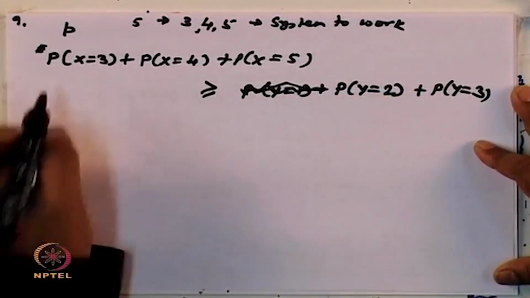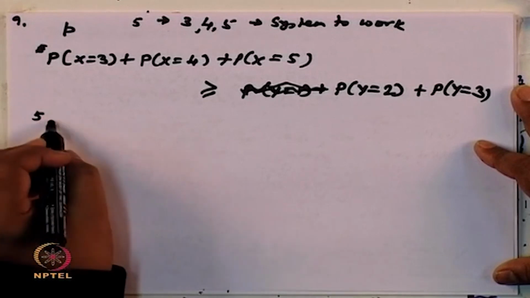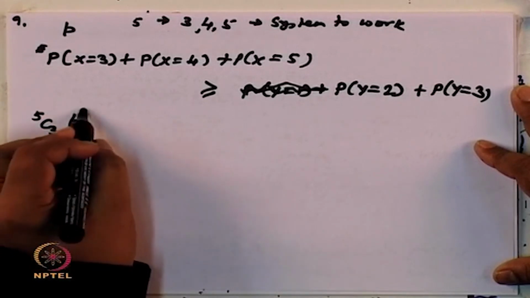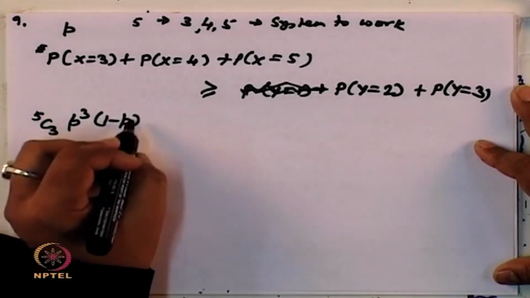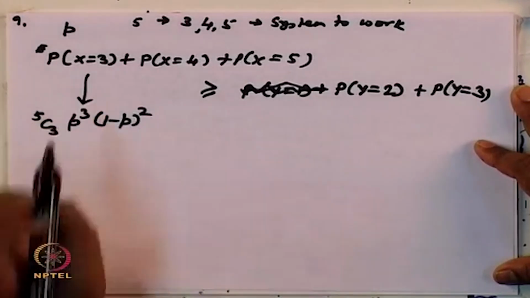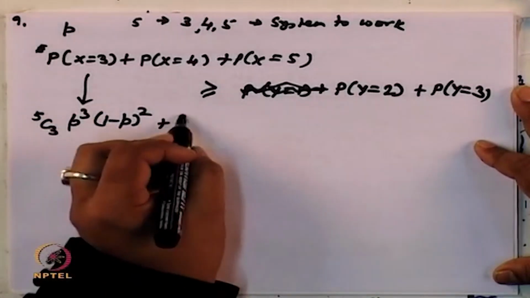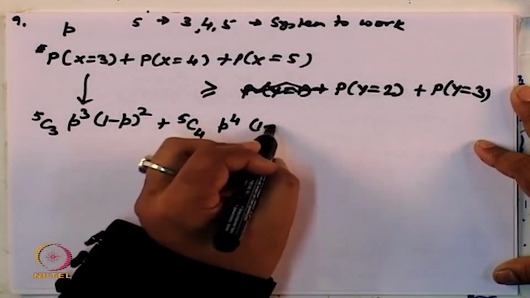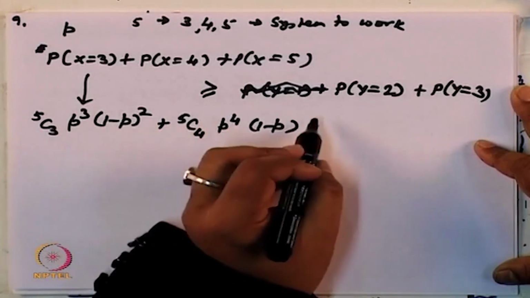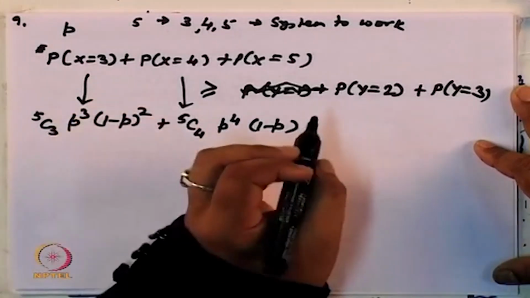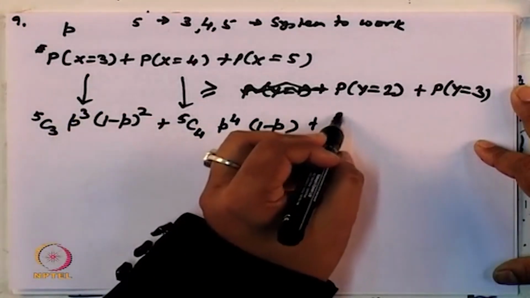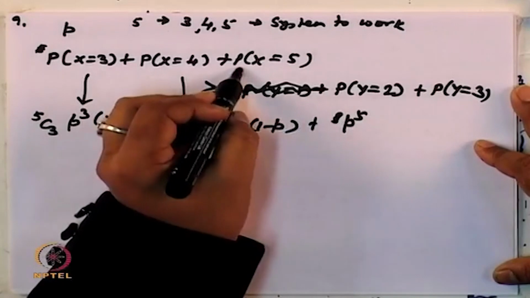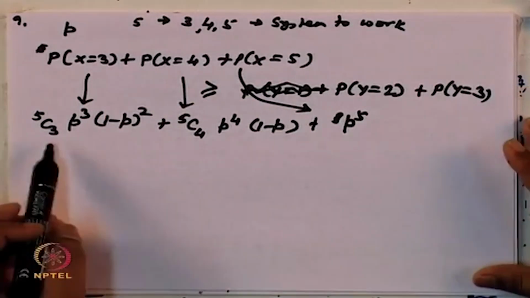Okay. So, for this I can write it as 5C3 p cubed times (1 minus p) squared.